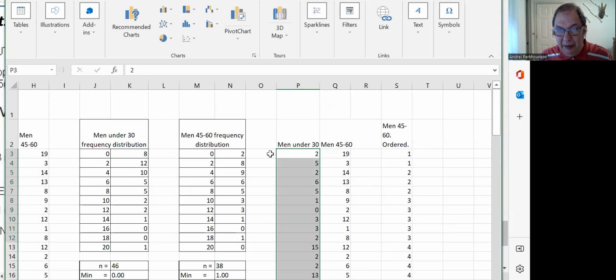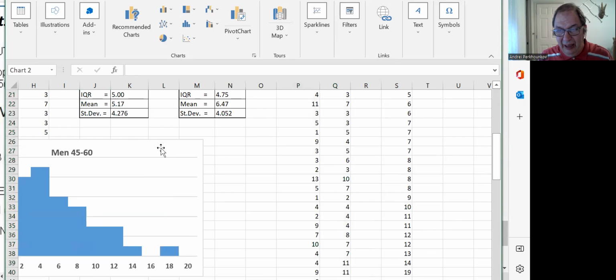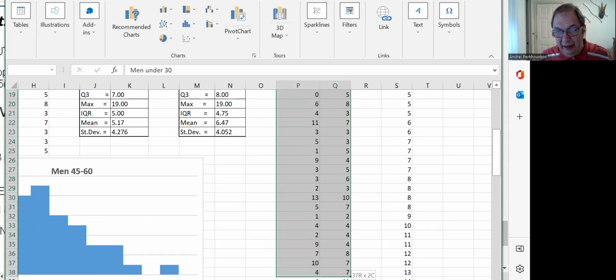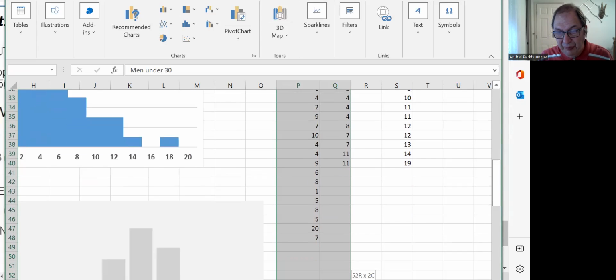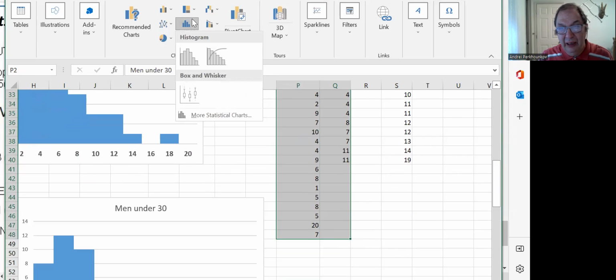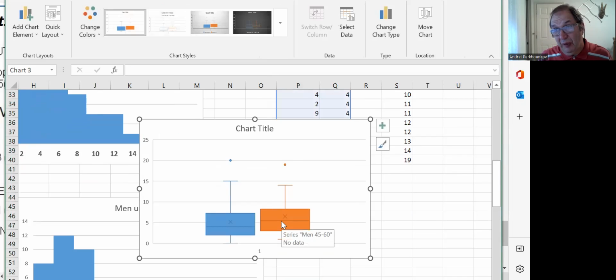And so let me select man under 30 and man 45 to 60. Okay, clear the view here, sorry. And so selecting this stuff, and I want to insert box plots. Again, you're not required to do that on the test, but you need to be aware that it's an easy thing. And here we are.